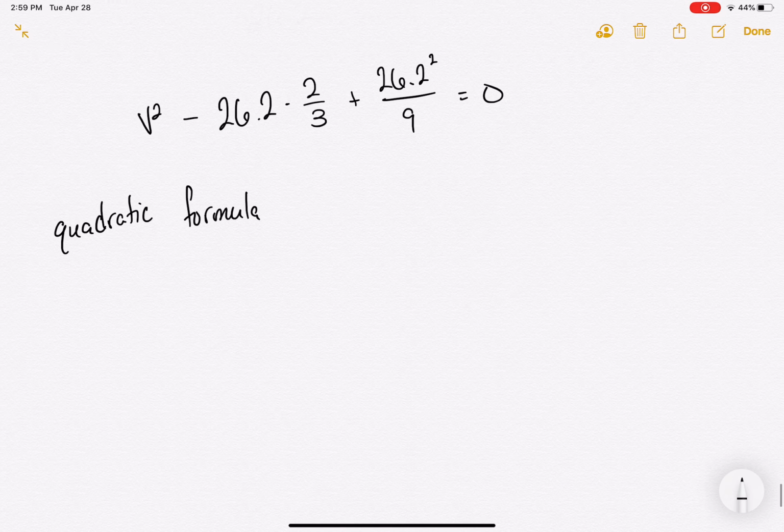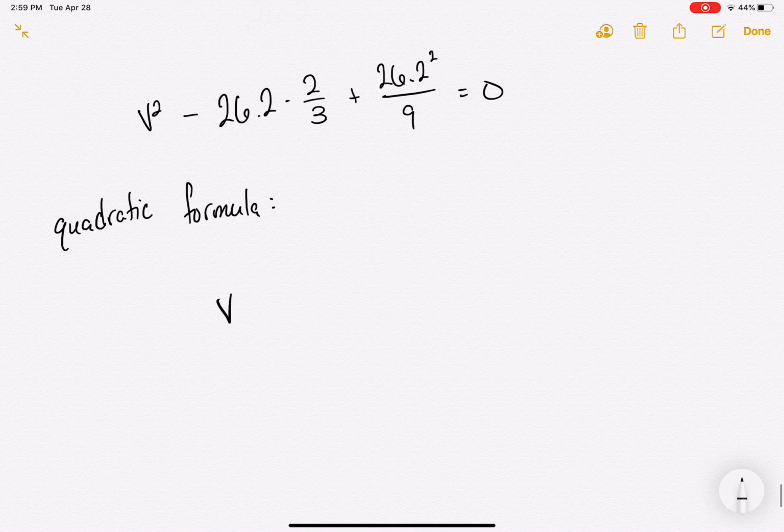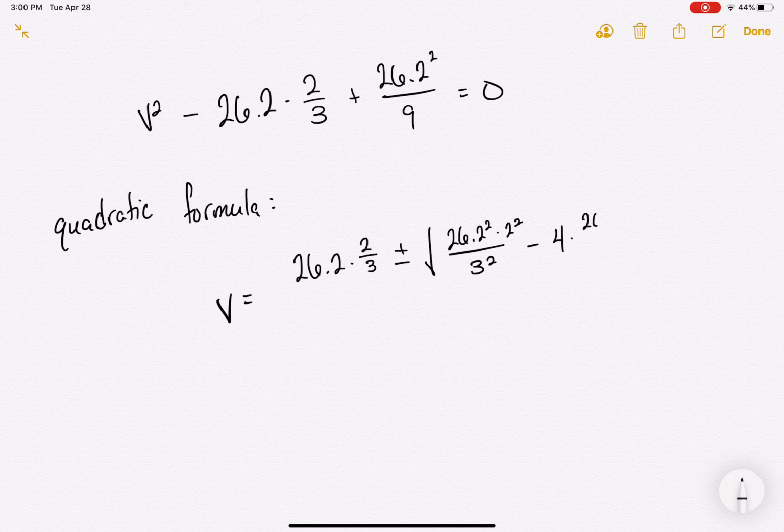So this gives me V equals negative B plus or minus the square root of B squared minus 4AC, all over 2A.